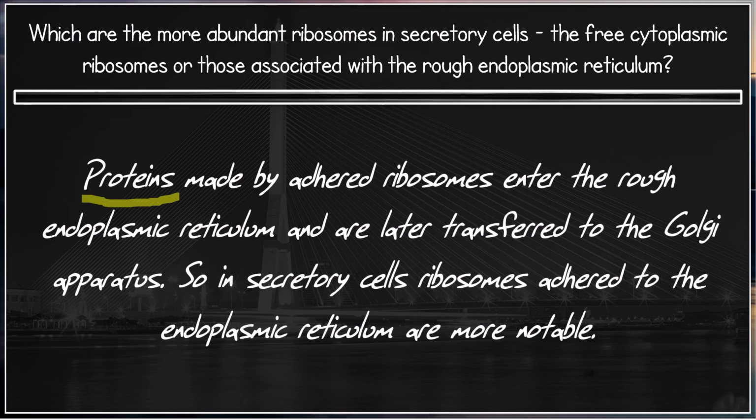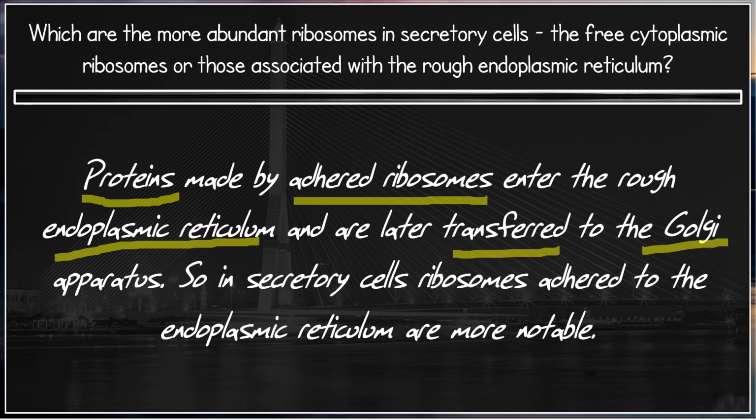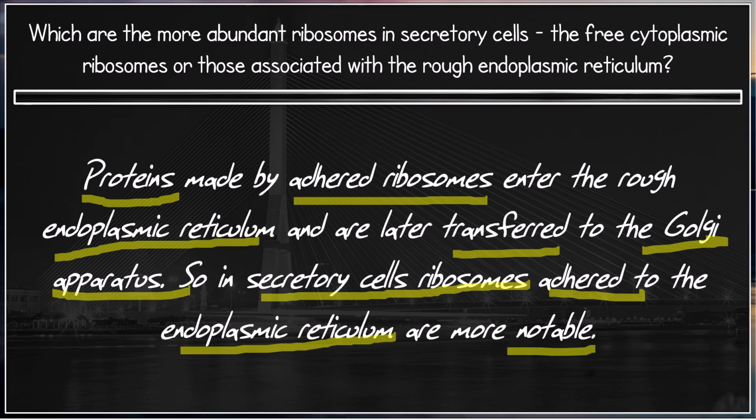Proteins made by adhered ribosomes enter the rough endoplasmic reticulum and are later transferred to the Golgi apparatus. So in secretory cells, ribosomes adhered to the endoplasmic reticulum are more notable.